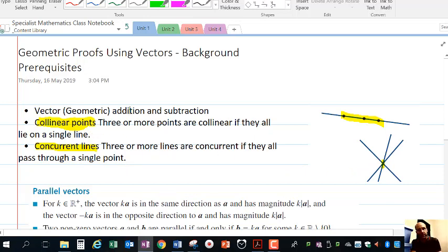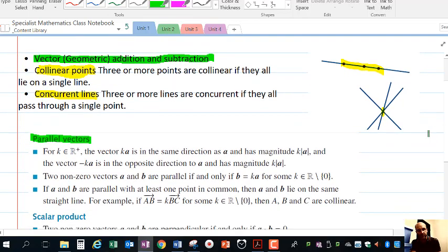You need to be across vector addition, geometric vector addition and subtraction from your previous studies of vectors. You need to understand the nature of parallel vectors as well. So with parallel vectors, ka is in the same direction as a. It's a scalar multiplication, so that means we have k as a positive real number. If it's negative a, it's parallel, but it's in the opposite direction.